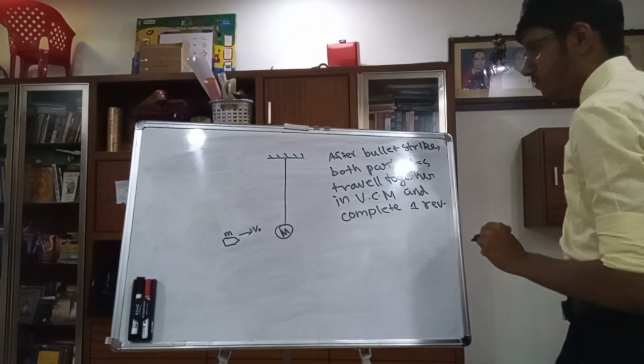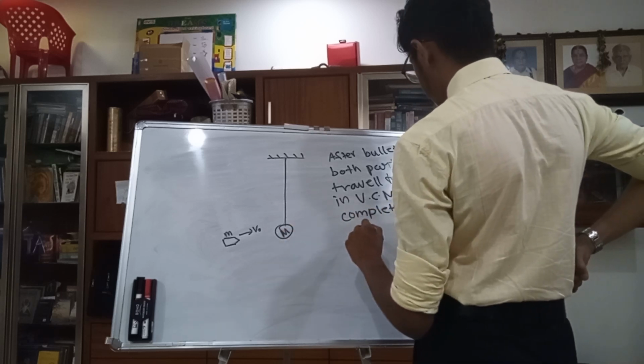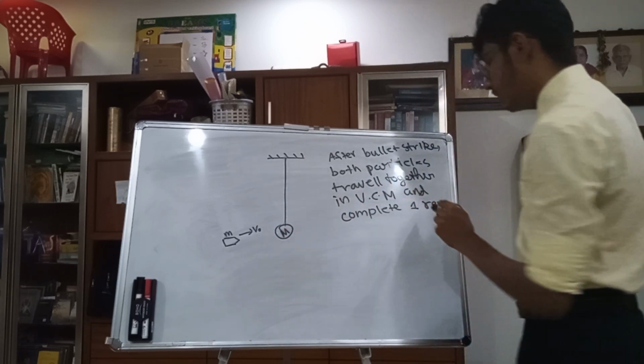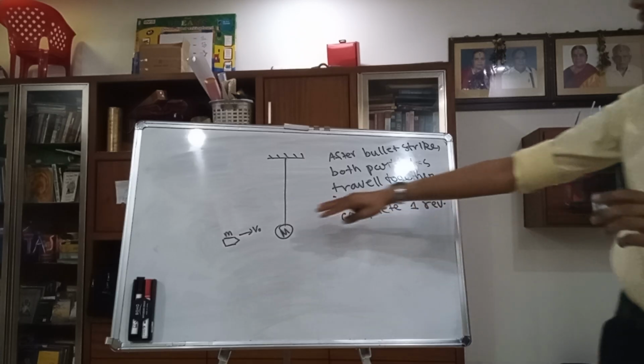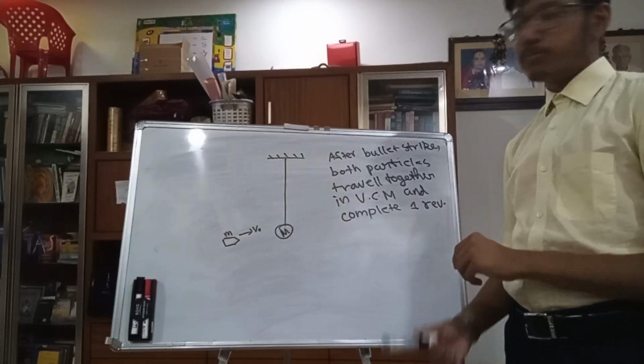And the speed of the particle is minimum. To complete this vertical circular motion, a minimum velocity is needed. They are asking the minimum velocity of V naught.